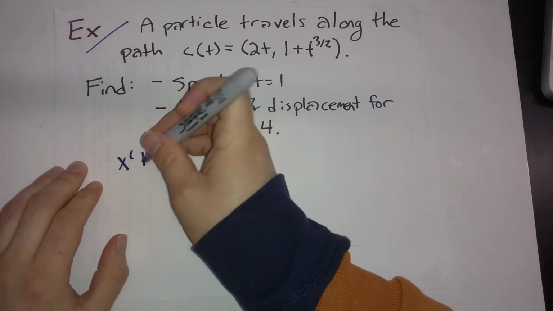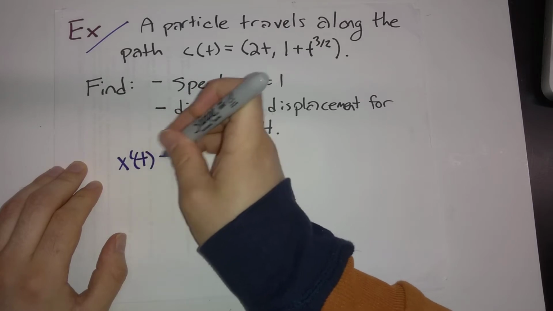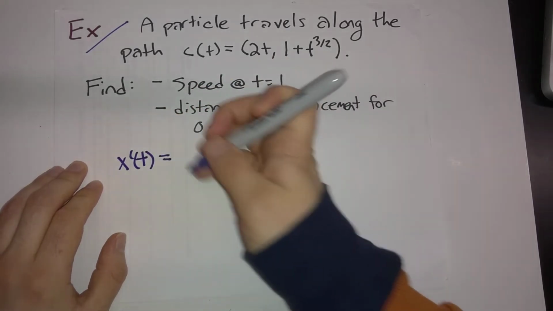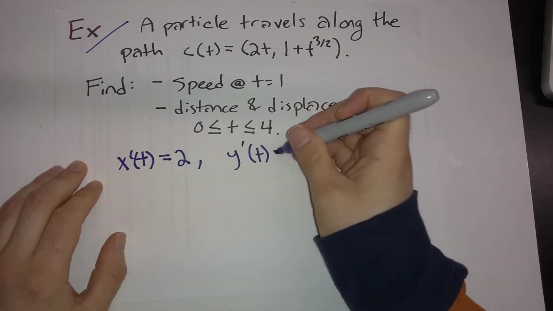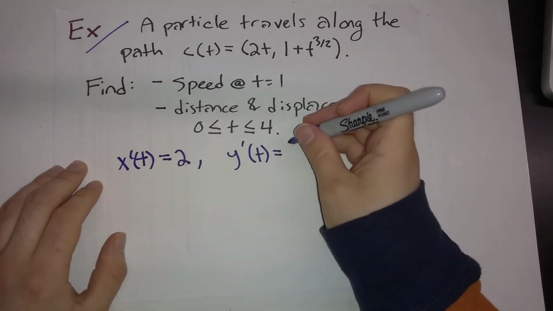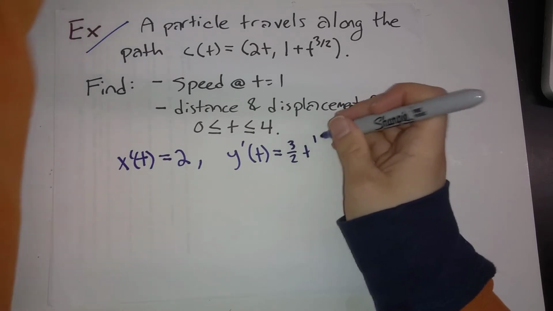Well, to do that, we need x prime of t: take the derivative of 2t and we get 2. Y prime of t, take the derivative of this and we get 3/2 t to the 1/2.